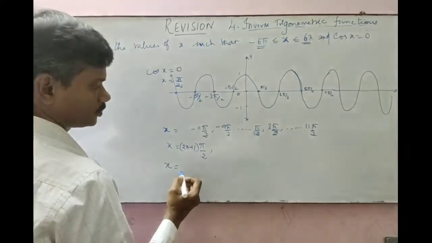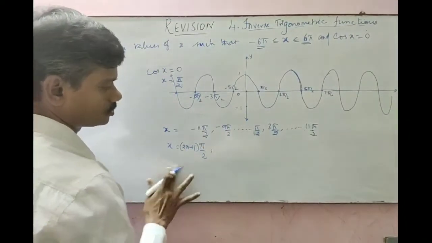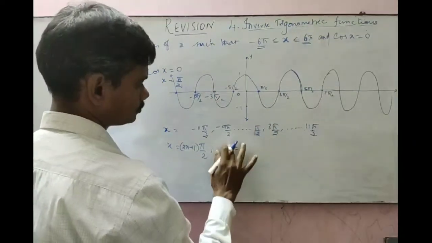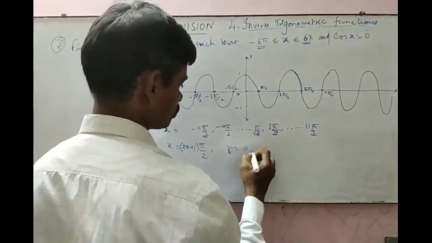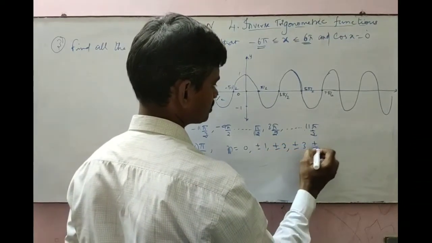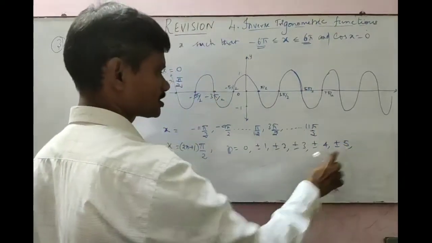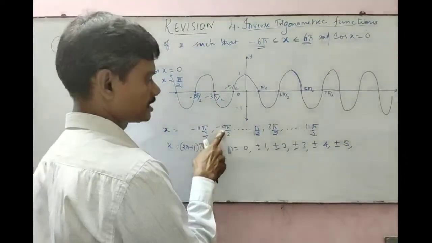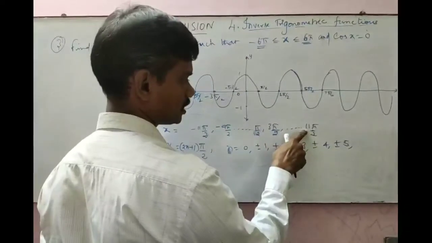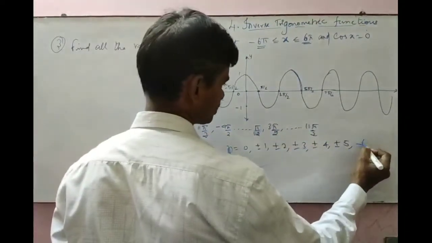So now you can write this (2n plus 1) pi by 2 for n is equal to 0, plus or minus 1, plus or minus 2, plus or minus 3, plus or minus 4, plus or minus 5. If you substitute plus or minus 5, you will get minus 9 pi by 2 and plus 11 pi by 2. For minus 11 pi by 2, we have to include minus 6.